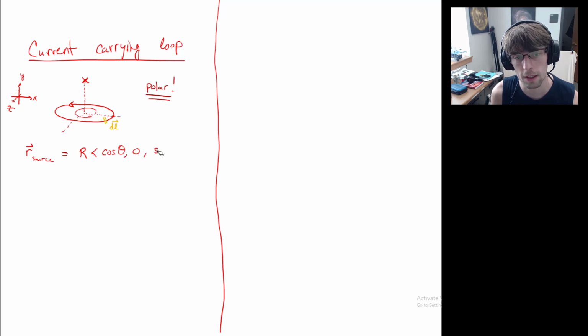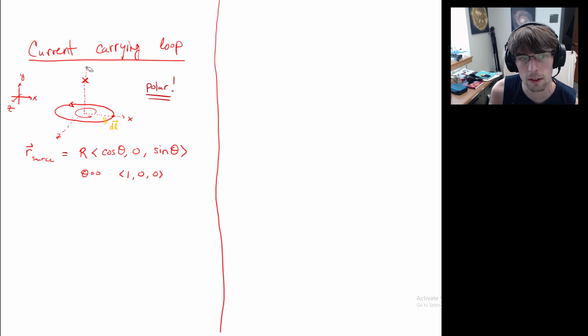And that must mean that this one is sine of theta. Now, I always forget if I need any negative signs. So let's think. When theta is equal to 0, I get 1, 0, 0. Okay. Good. Which would describe the little segment right here.